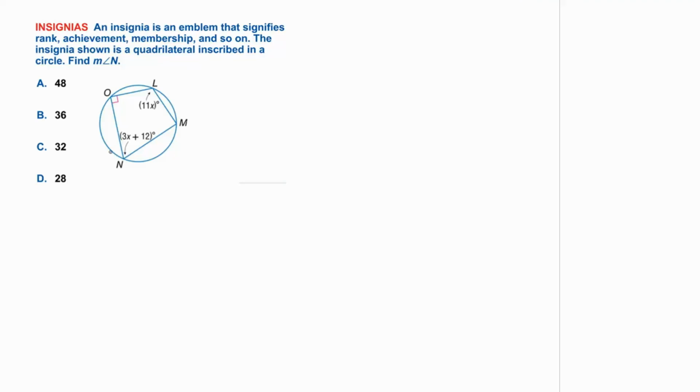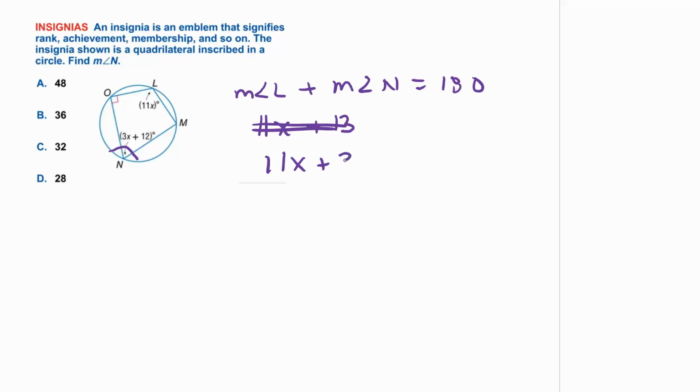So we want to find the measure of angle N. We know that the measure of angle L plus the measure of angle N equals 180. So 11x plus 3x plus 12 equals 180. I'll solve for x.